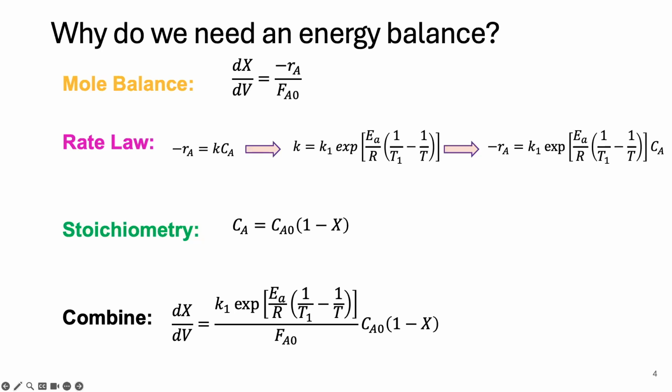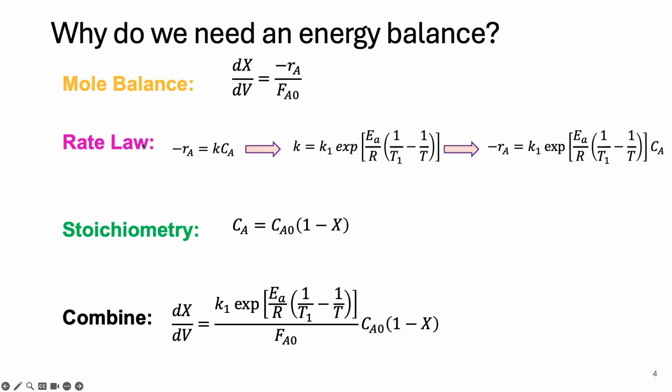We can see that a bit more directly if we look at our design equations. So again, considering our mole balance, our rate law, and our stoichiometry, these are expressions that we're already familiar with. But let's also consider how our rate law varies as a function of temperature, specifically our rate constant, which we know we can model to capture the effects of temperature as such.